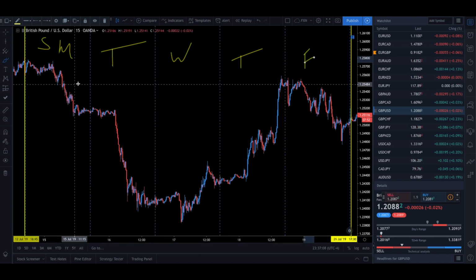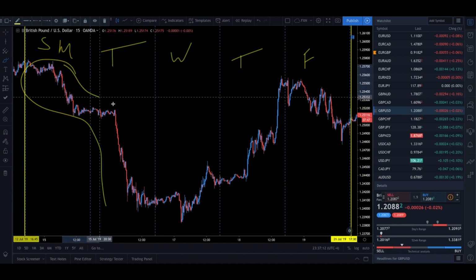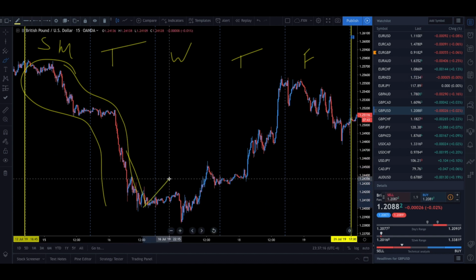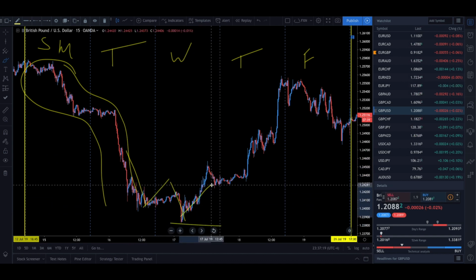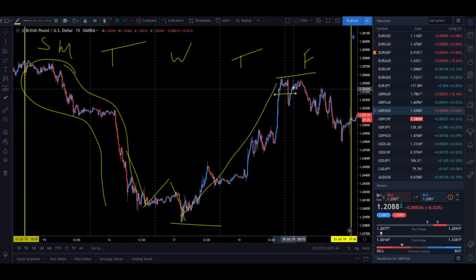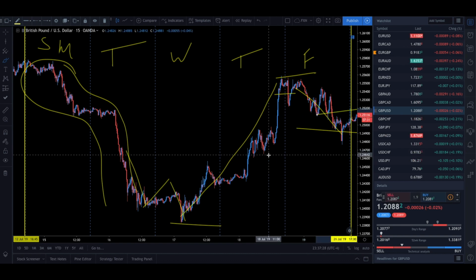Okay, and then of course what happens, we get a fake move to the downside. We hit the bottom, we come back up, we hit the bottom again on Wednesday, and then we reverse for Wednesday, Thursday, and then Friday we basically come back down and even out the actual week.